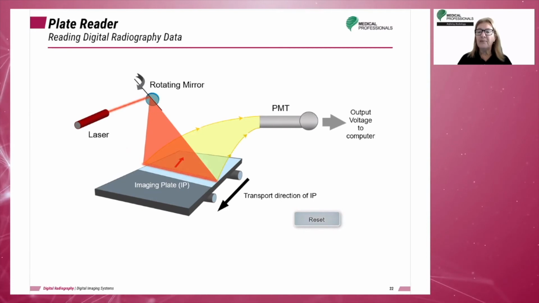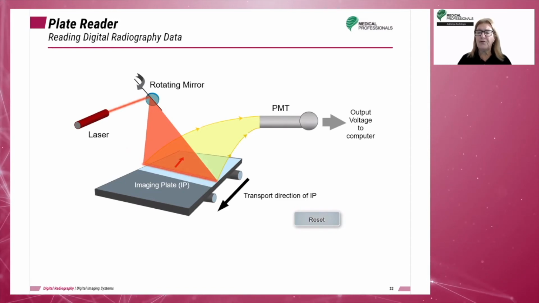The helium neon laser, or solid-state diodes in some newer plate readers, is directed to the imaging plate while the plate is moving through. The laser scans the plate in a raster pattern, which means from left to right, stimulating the trapped electrons and freeing them from their F centers.